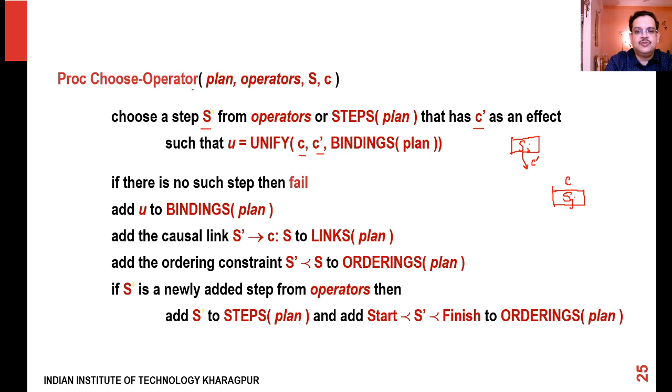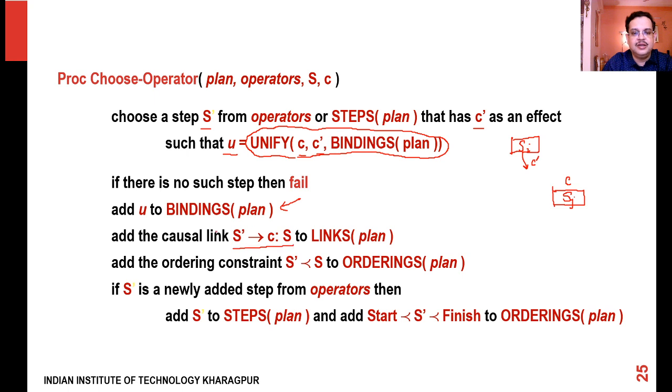Out here, that's what we are saying, that we are unifying C with C dash under the unify operator, and whatever you get as U is essentially the replaced thing, that is whatever you have achieved. Now what you do is you add U to the bindings of the plan and then you add the causal link like this.